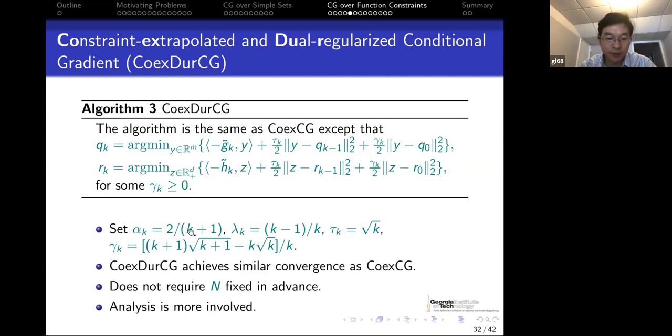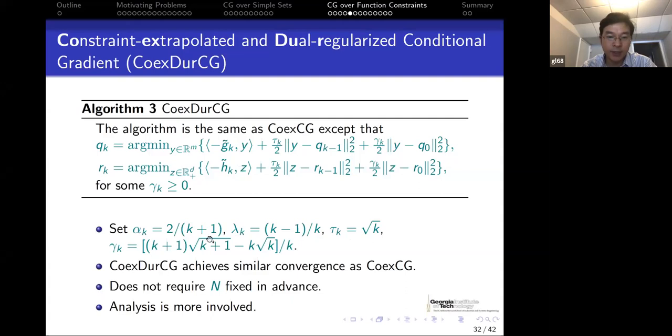As you can see from the line below, we are going to choose alpha_k as 2 over k plus 1, lambda_k as before, and tau_k as square root of k. Now tau_k does not depend on the total number of iterations, capital N. And gamma_k is chosen in a weird way, but it goes to 0, it's diminishing.